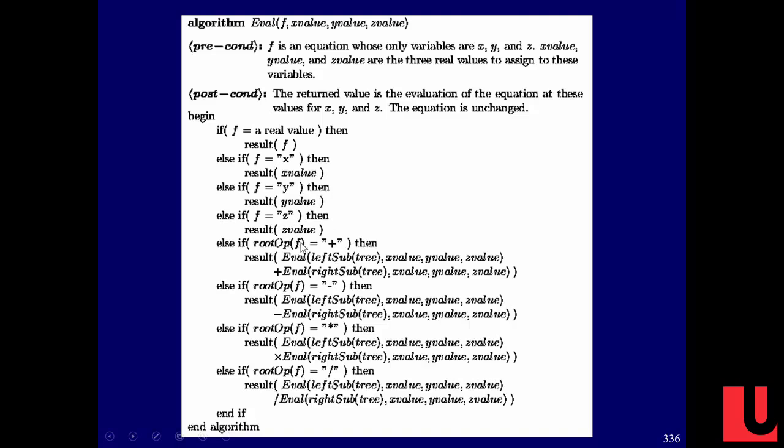But if our tree f is a bigger tree that has the root operation of plus, then you evaluate the left subtree using the same values x, y, and z, and you evaluate the right subtree, and you take their answers, add them together, and return it. And if it's a minus, you do the same, except you subtract, a times, you multiply, and a divide, you divide. Everybody kind of follow that code?